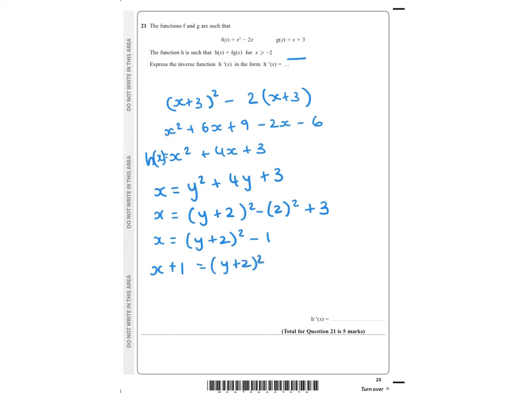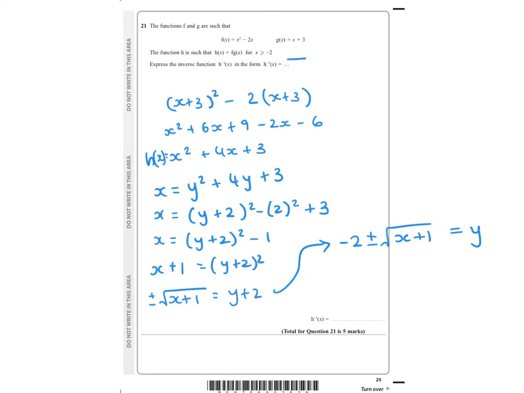We're going to square root. Now when we square root, we need to make sure we put in our plus and minus. Square root of x plus 1 equals y plus 2. And then if we take away 2 from both sides, we're going to get minus 2 plus or minus the square root of x plus 1 equals y. Okay, so then we have our inverse function.